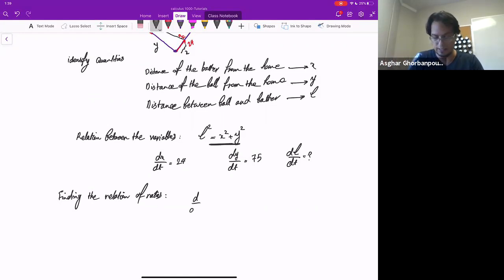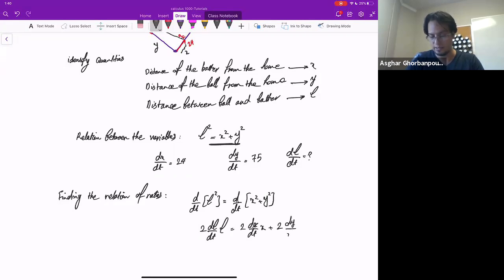So d/dt of L squared equals d/dt of x squared plus y squared, and this is 2L dL/dt, by the generalized power rule. This is 2 dx/dt times x plus 2 dy/dt times y.